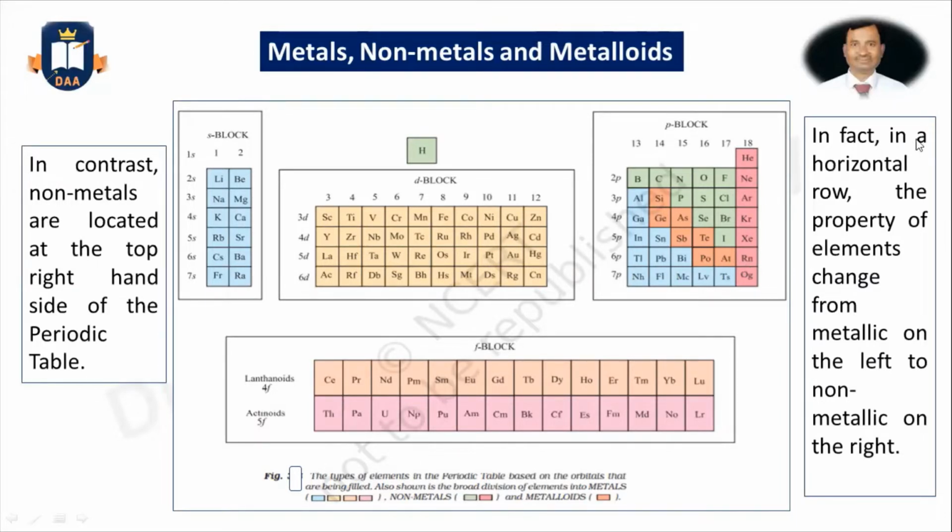In fact, in a horizontal row, if you consider from group 1, group 2, group 3 in this way, the property of the elements changes from metallic on the left to nonmetallic on the right. That means the extreme left side is group 1, and if you go to the right in the same row, the metallic character will decrease along the row from left to right.